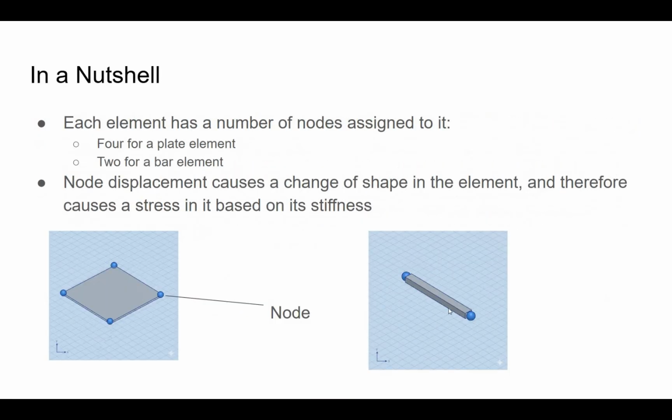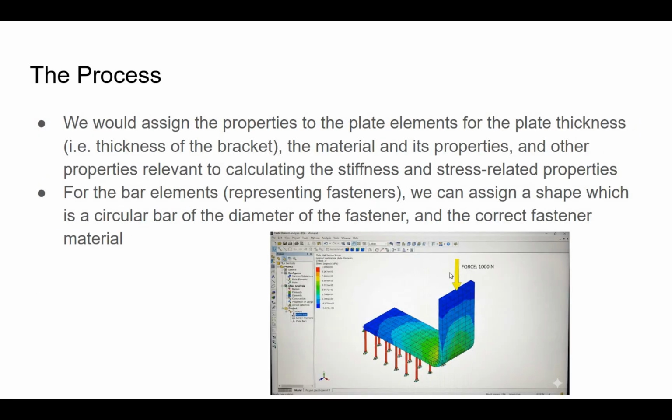So for instance, if we had assigned a temperature at these nodes instead of a force here, then it would calculate what the heat transfer and temperatures are around this entire model.